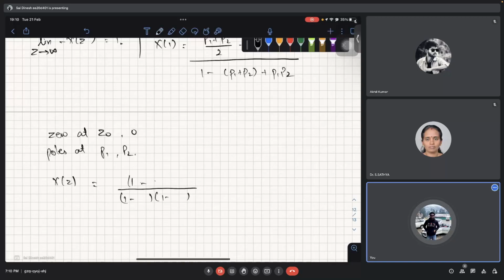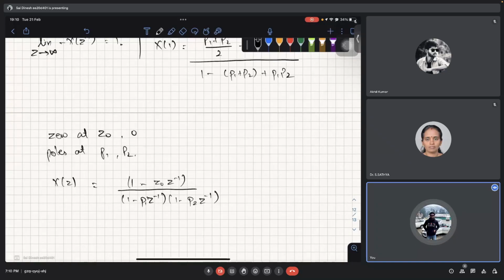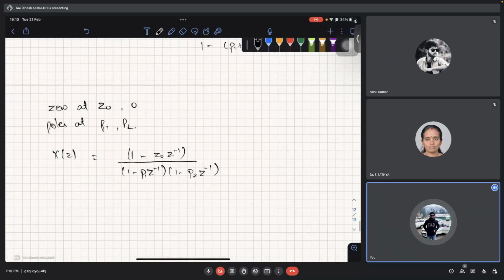This will be z inverse, 1 minus z0 z inverse, over 1 minus p1 z inverse, 1 minus p2 z inverse.